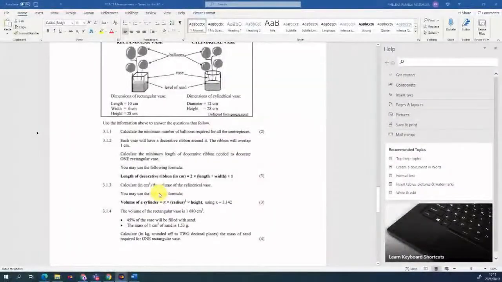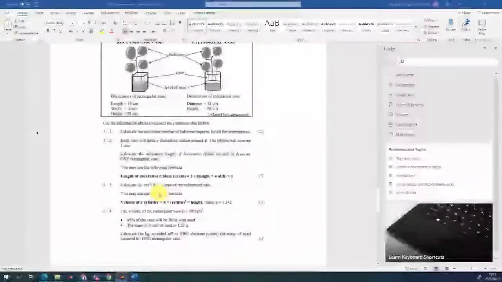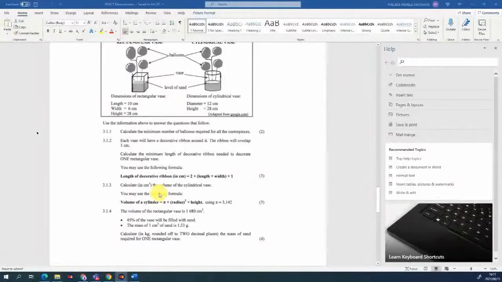They say the formula of the cylinder is pi multiplied with the radius squared multiplied by height. And what are they giving you? Right?